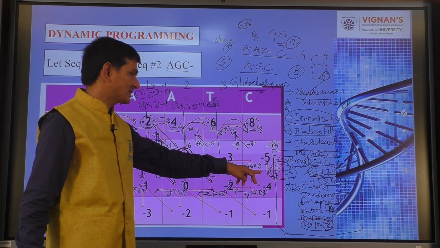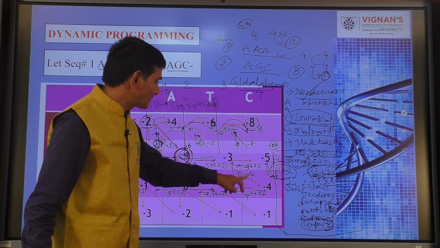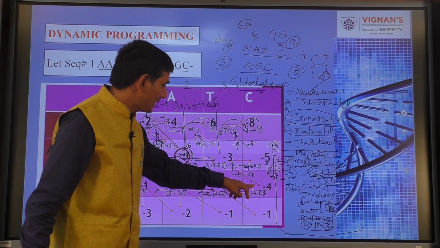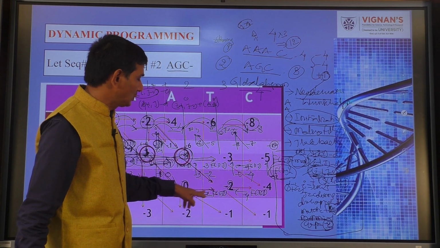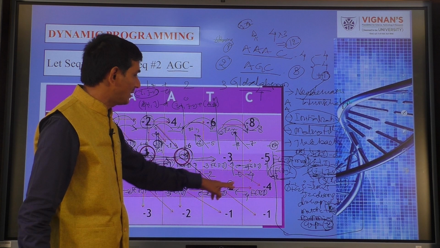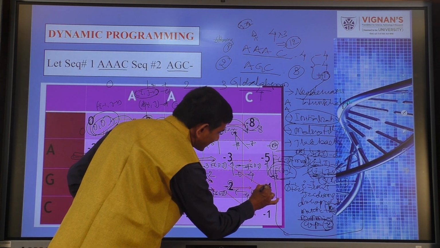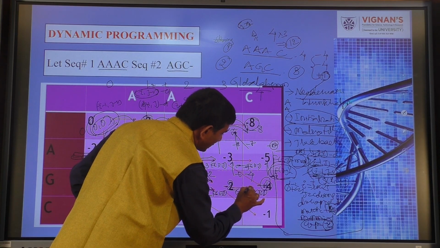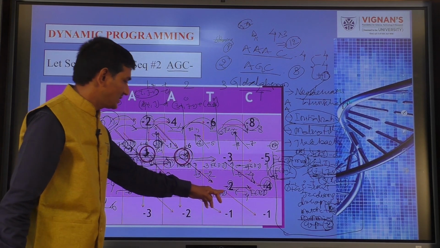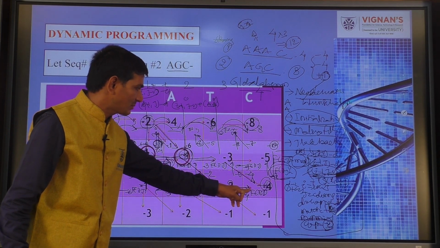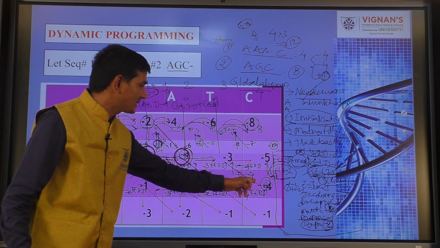So, change in row has given us a value of minus 7, change in column has given us a value of minus 4, change in both row and column has given us a value of minus 4. Here minus 4 is obtained in two orientations, that is change in column as well as change in both row and column. So, this particular matrix cell is assigned a value of minus 4, and the two possible orientations, that is change in column, I comma j minus 1 minus d, and change in both row and column, I minus 1 comma j minus 1 minus d.